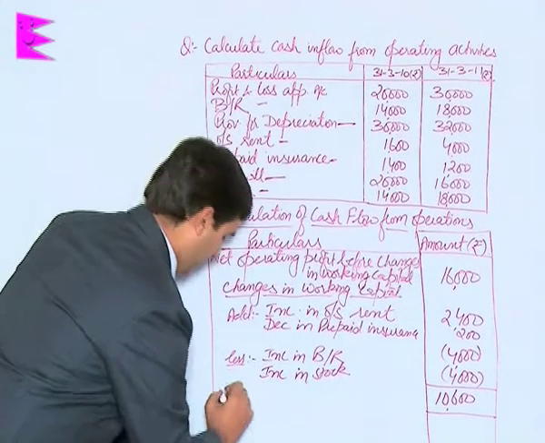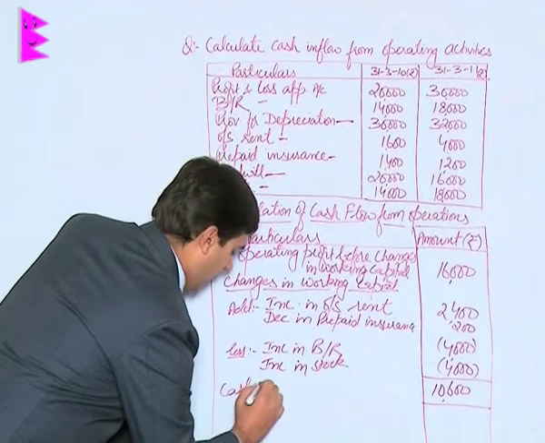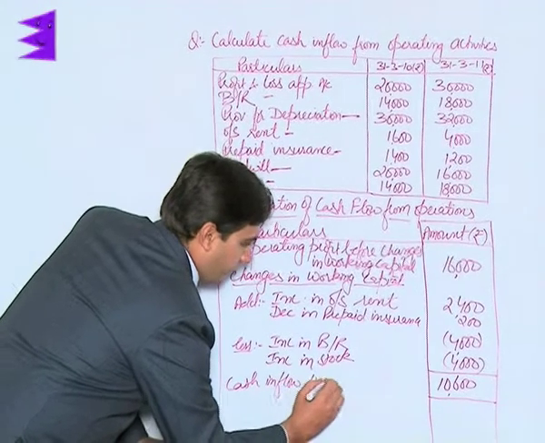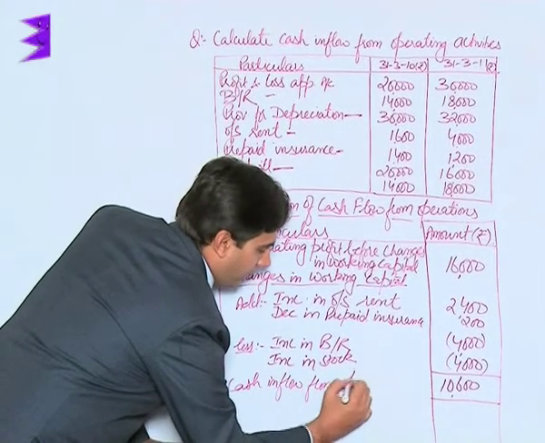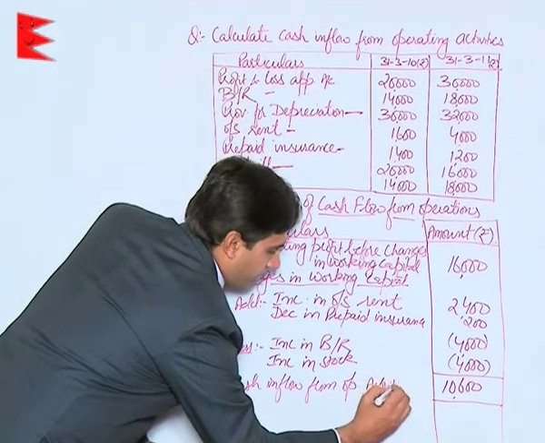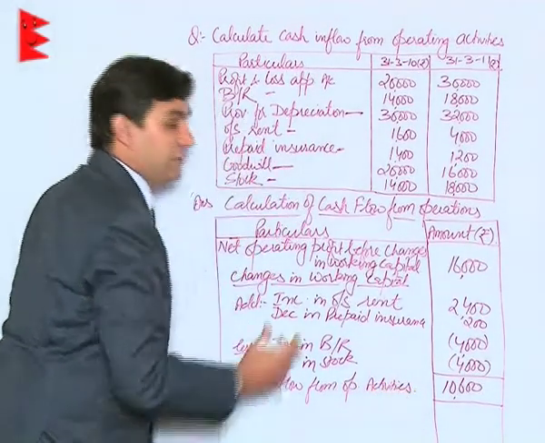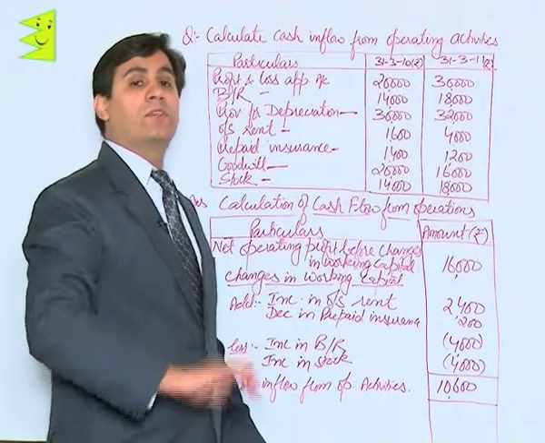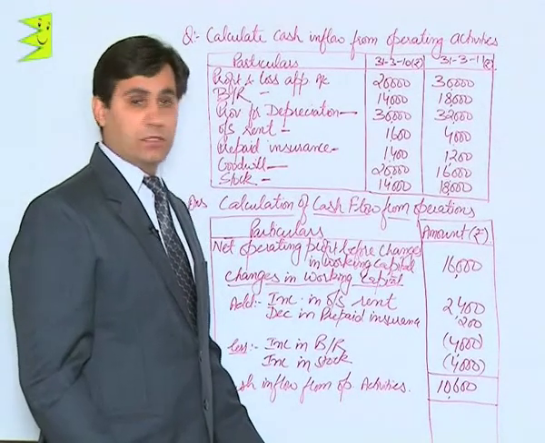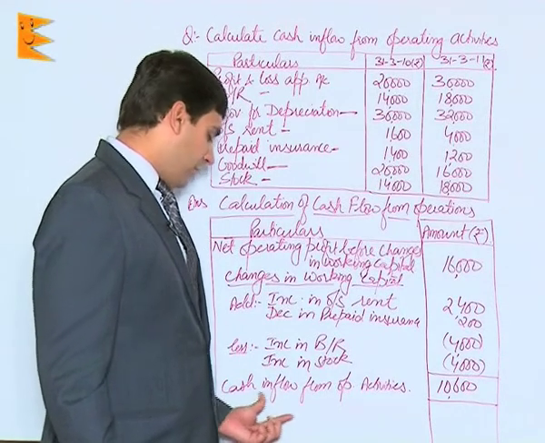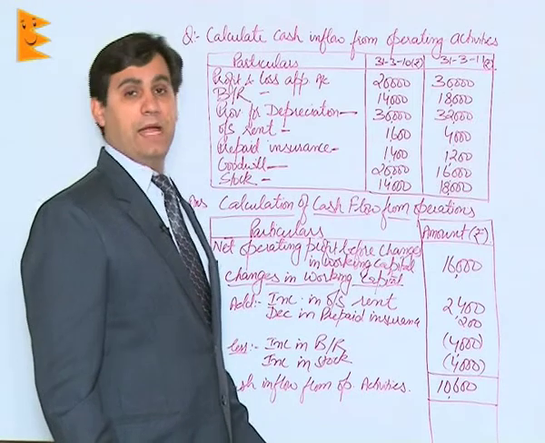This amount represents cash inflow from operating activities. Remember, in this question there was no adjustment or no information about tax paid during the year. So we have ignored it and we have directly got to the amount of cash inflow from operating activities.